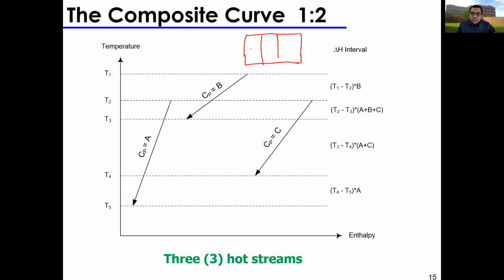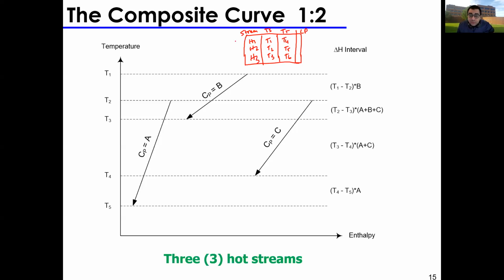Here we go. I have H1, H2, H3. This is my source temperature, T source, T target, and the stream name. And I usually have a CP value right here, right? And then you have, let's say, T1, T2, T3, T4, T5, T6. It doesn't matter.